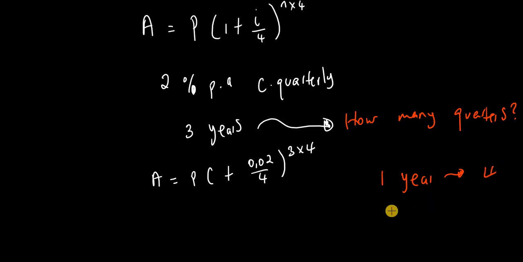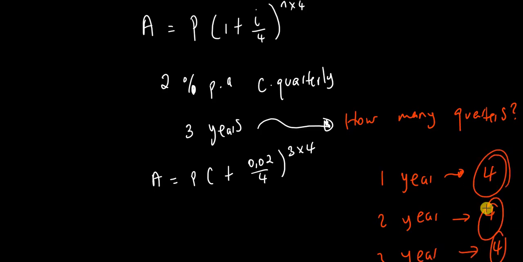You have 4 quarters. In the second year, you have 4 quarters. In the third year, you have 4 quarters. When you add them, 4 plus 4 plus 4, it's equal to 12 quarters in total. That is why we say 3 times 4, because it's going to give us 12 quarters.